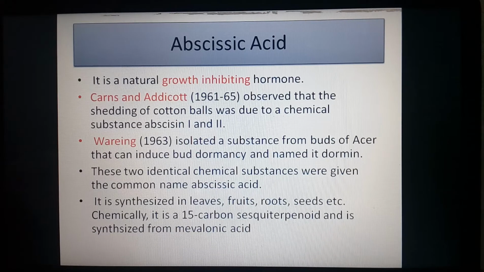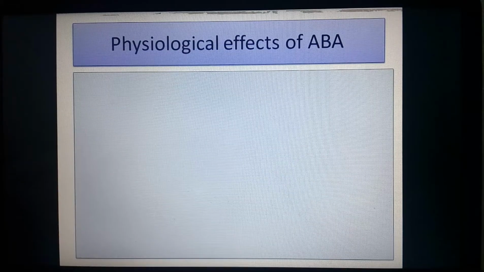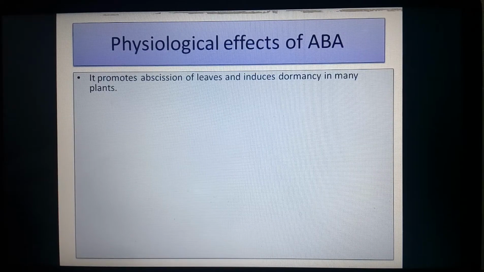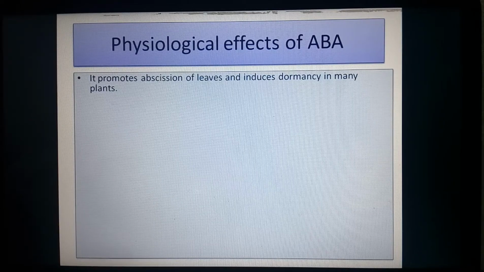See here the physiological effects of abscisic acid. First, mainly it is responsible for the formation of the abscission layer.